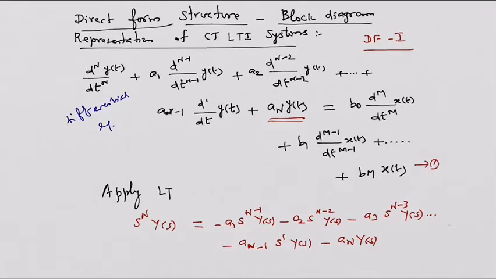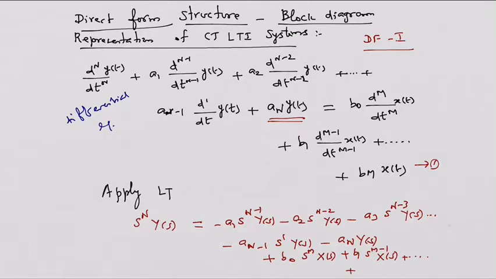Similarly, what are the remaining terms? The first term is b naught s power m, because d power m by dt power m of x of t is available. So when we transform it, it will become s power m into X of s, assuming zero initial conditions, plus b1 s power m minus 1 X of s, and so on.